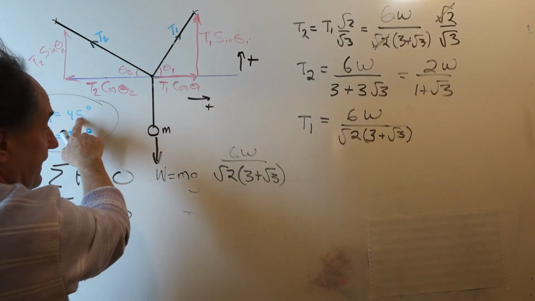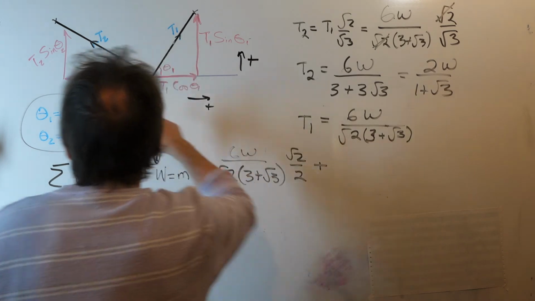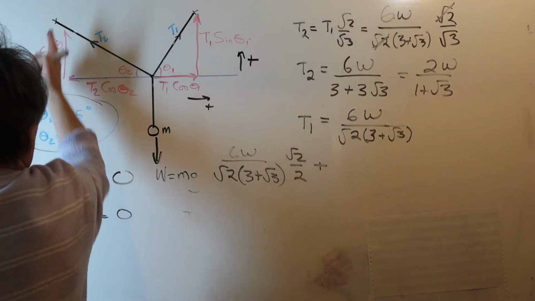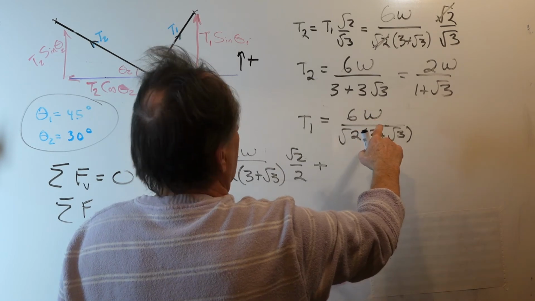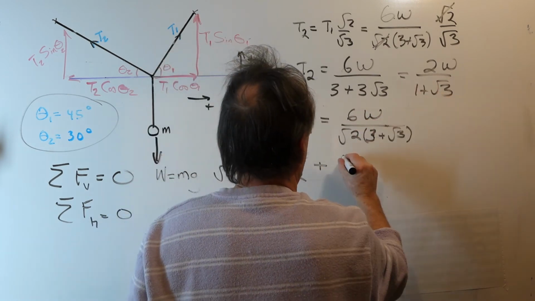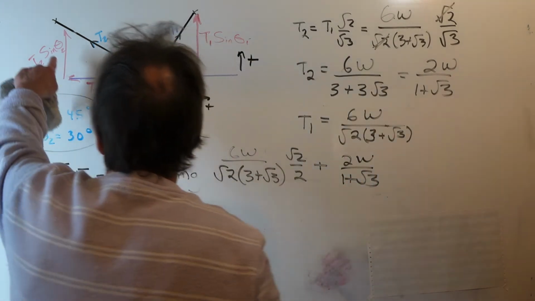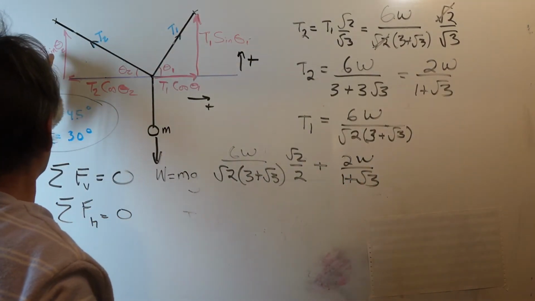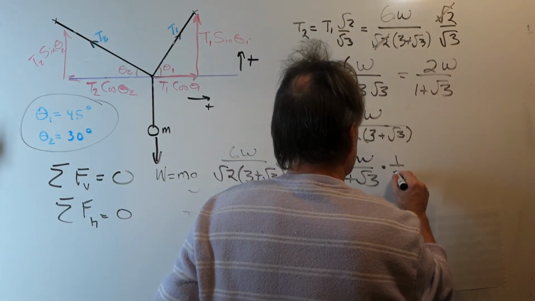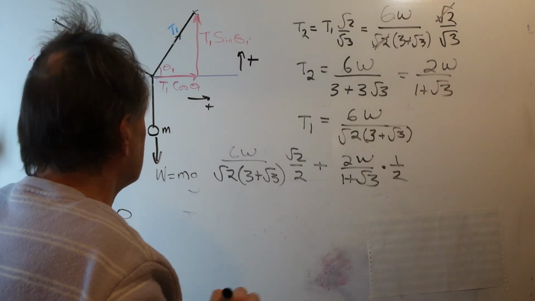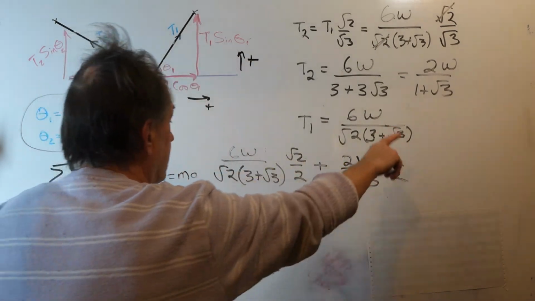Well, sine of 45 degrees is square root of 2 over 2, and to that we add the vertical component on T2, which is 2W over 1 plus the square root of 3, and that's multiplied by the sine of theta 2. Well, the sine of 30 degrees is 1/2, so that's multiplied by 1/2. So this better sum to W, 1W, when we're done.